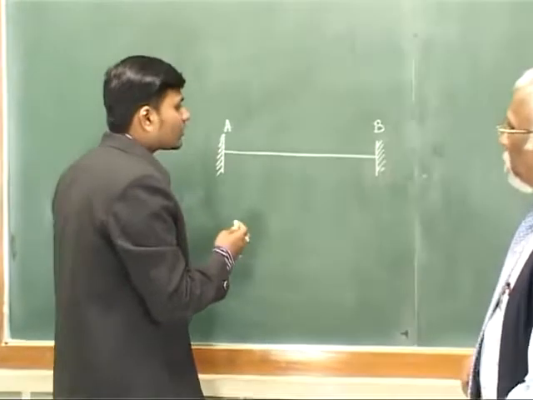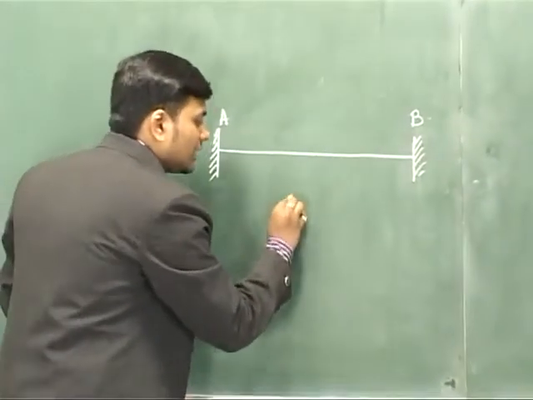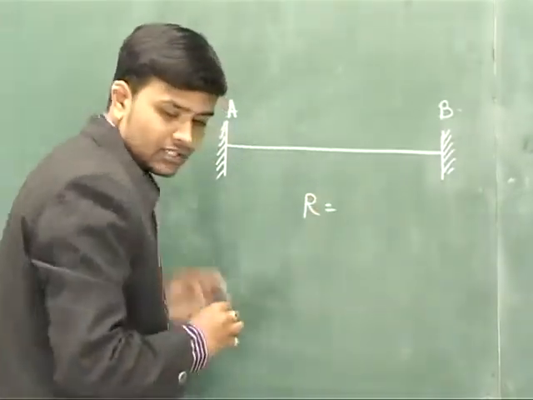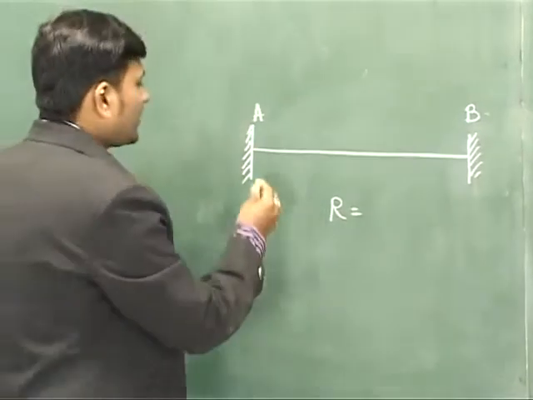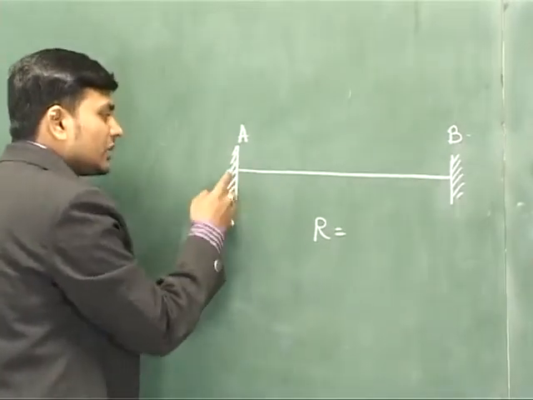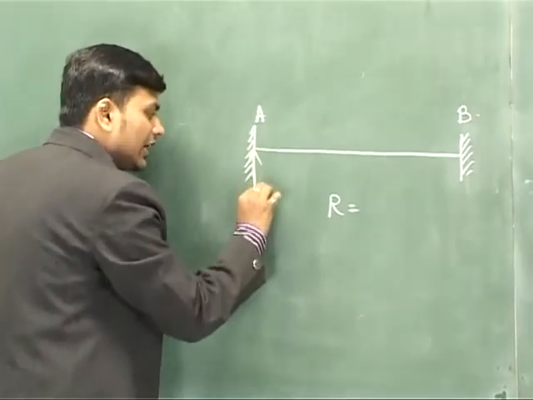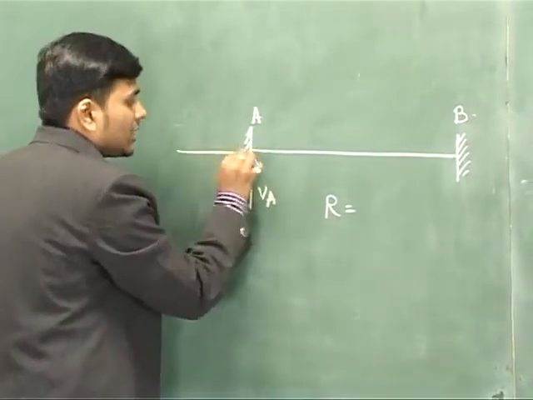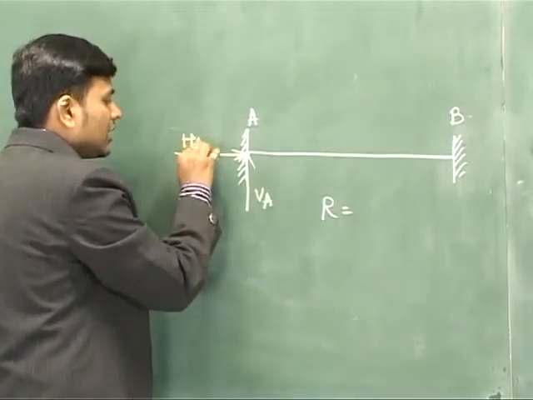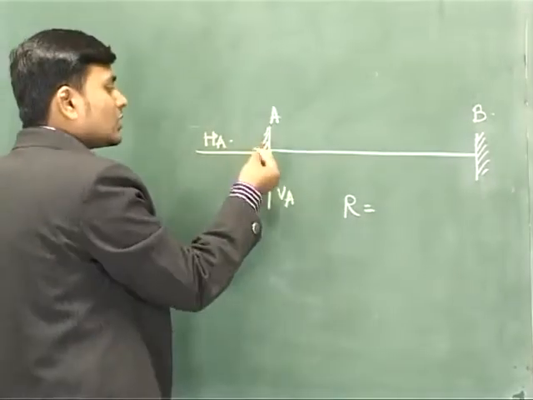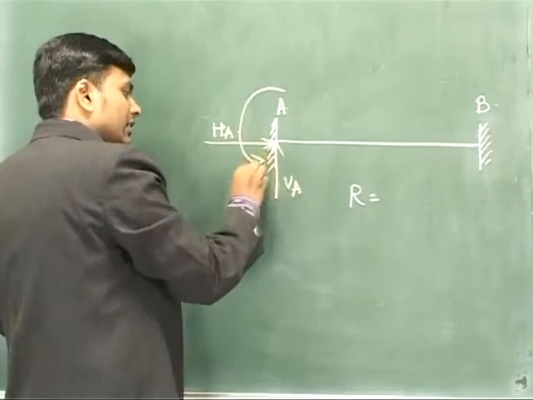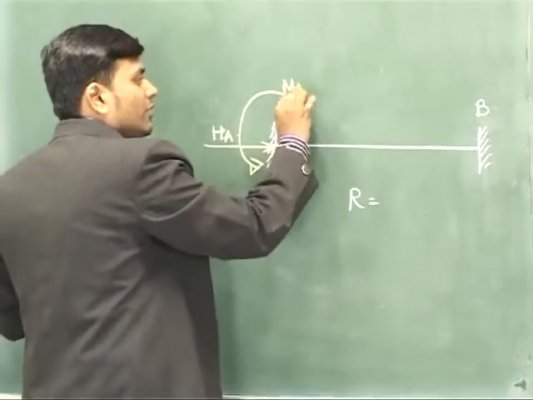For solving such type of questions, we have to calculate first the number of reactions, right? So the fixed support will give you the 3 reactions. So it is having constraint in 3 directions. First will be in vertical direction, vertical reaction at A. Second will be horizontal direction, horizontal reaction at A. So in addition to that, there will be a constraint to movement also.